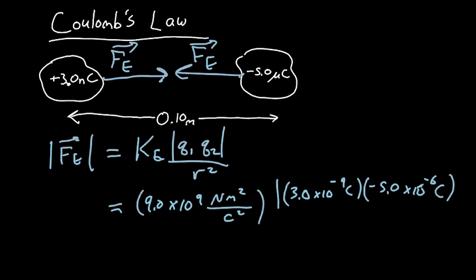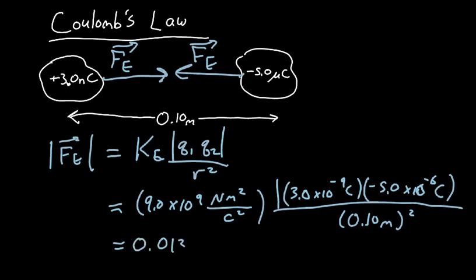Now, why so small? Because a coulomb is a really big unit of charge. So we'll see these prefixes pretty frequently here. Divided by the distance between them squared, and that needs to be in meters. That one already is. And so we get an electric force then of 0.0135 newtons.